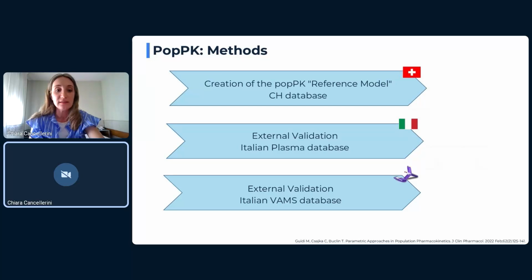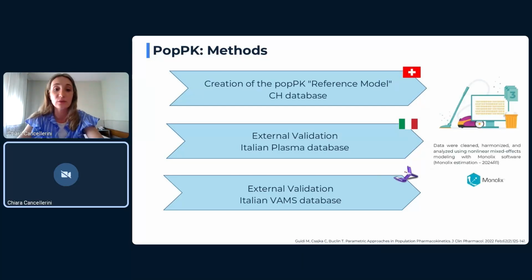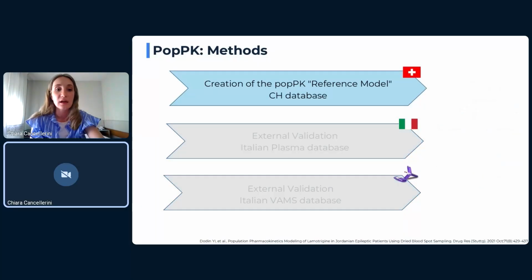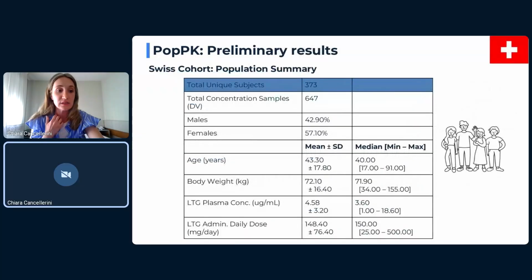So first of all, we had to clean the data, because whoever works in TDM knows that data are really not clean, because they are collected in routine. So we needed to perform a really good cleaning before using this data for building a model. And then we used this data to build the reference model.